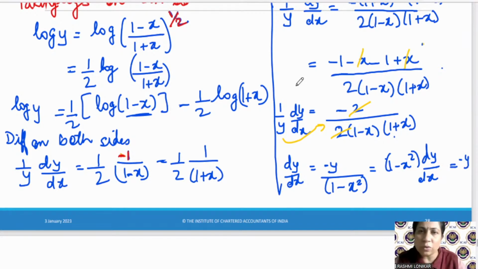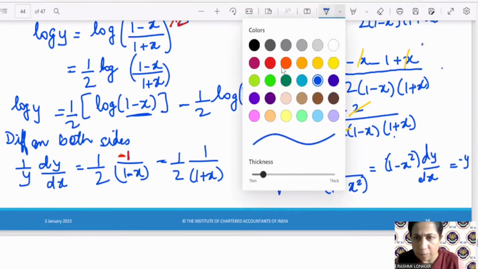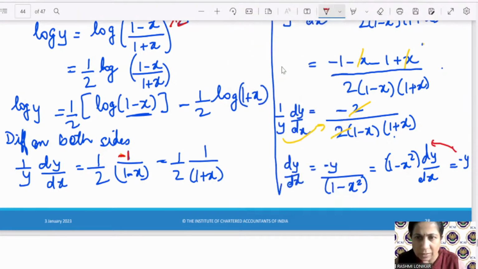They want it this side, so I take this minus y this side, and it becomes plus y. What is left on the RHS? Nothing. So it becomes equal to 0.